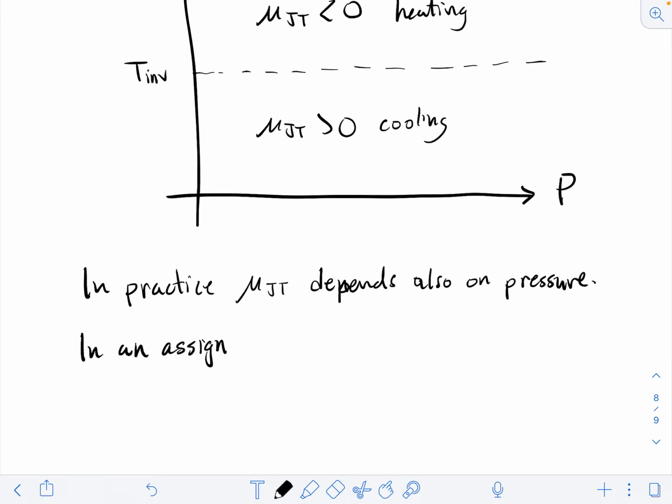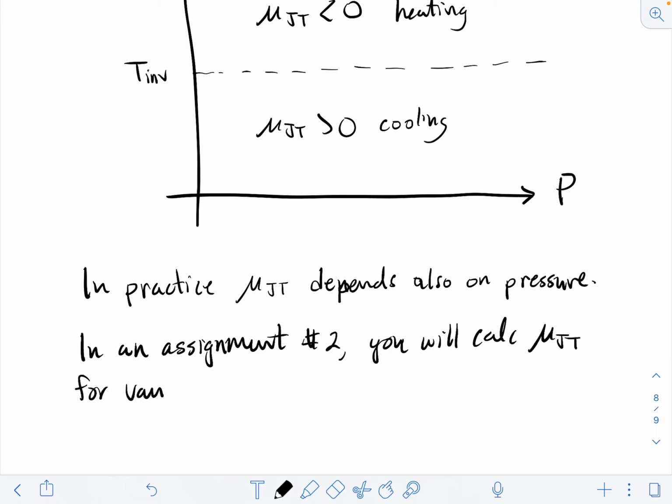So in assignment number 2, you will calculate this coefficient for the same van der Waals equation that we developed, but you'll do it more carefully.